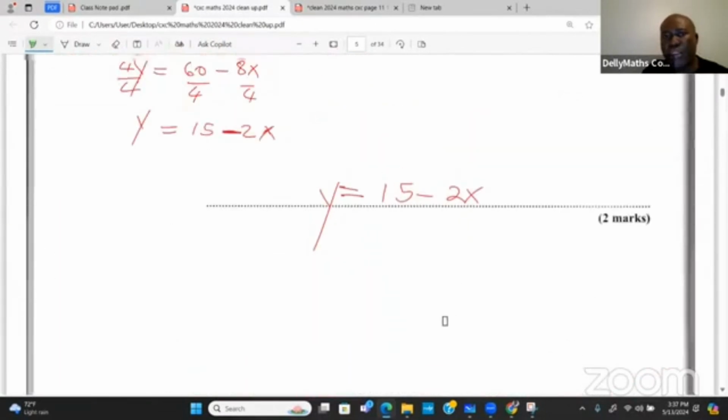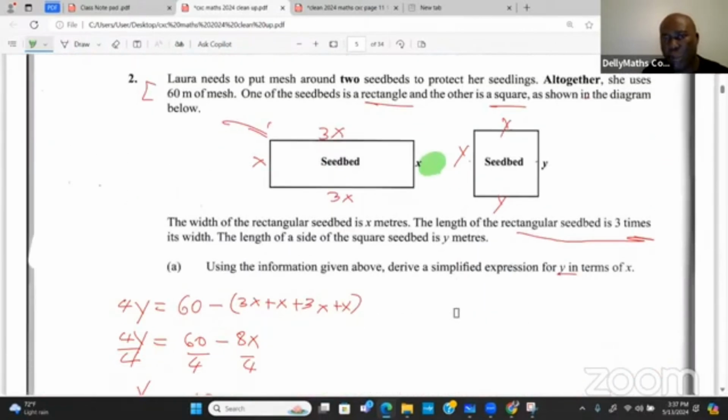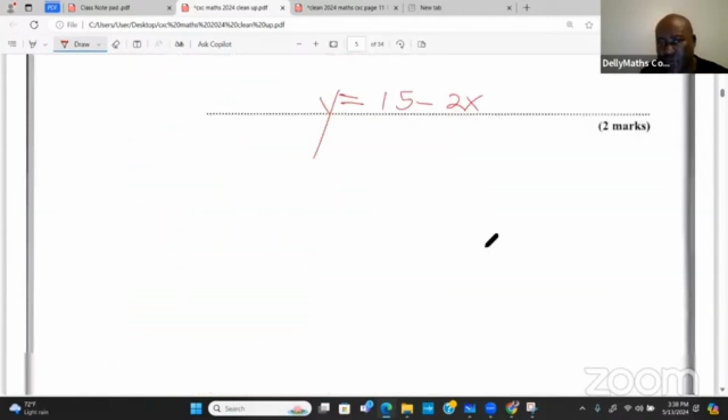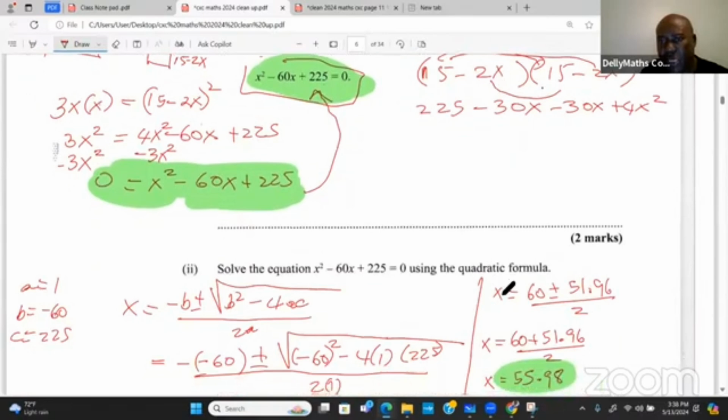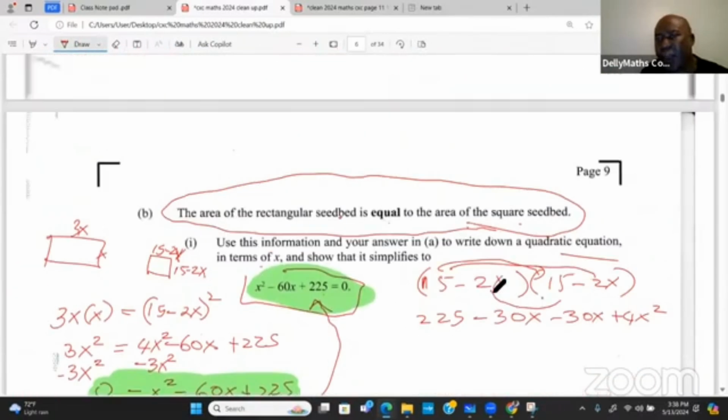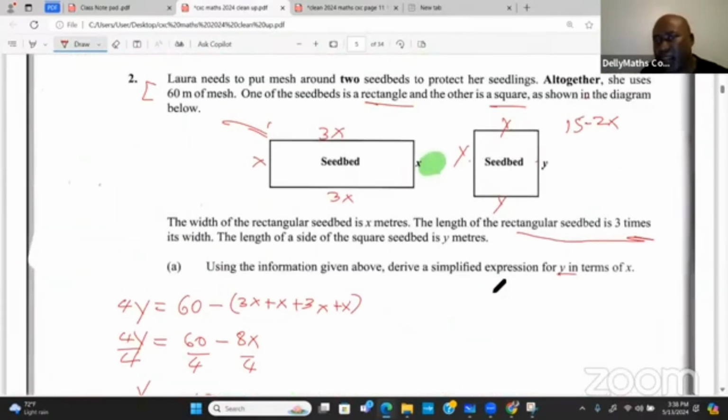So when we are here, take a look at what this is. Remember that y is equal to 15 minus 2x. Now, if I go ahead and plug in 55.98, take a look to find what is y.